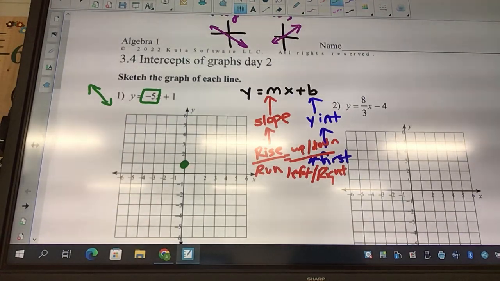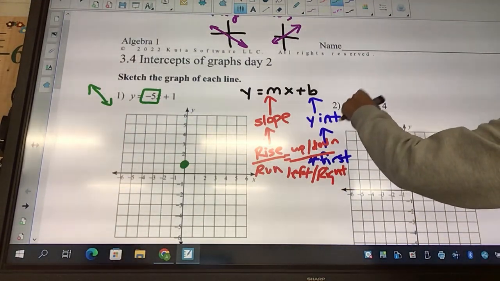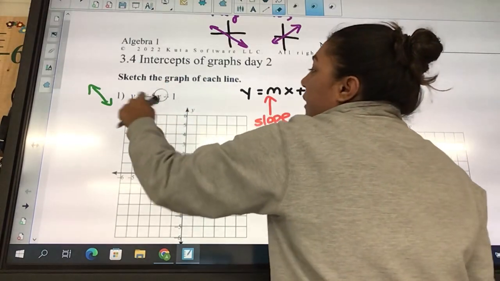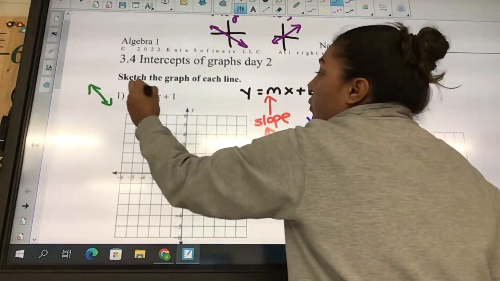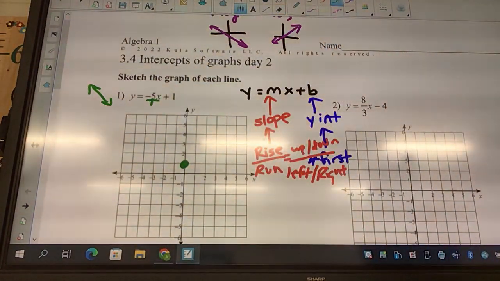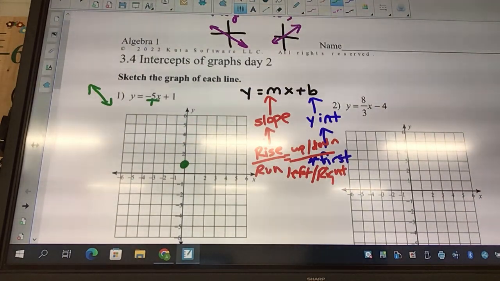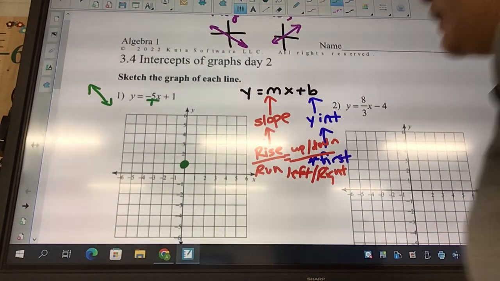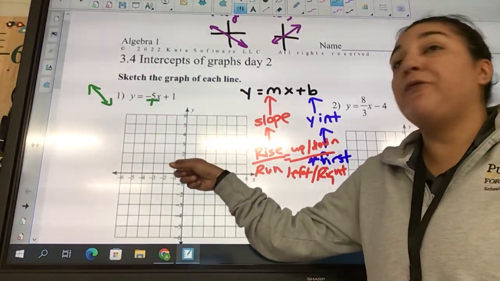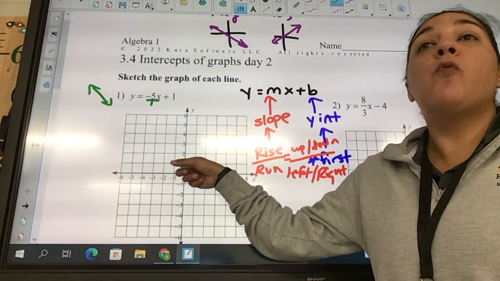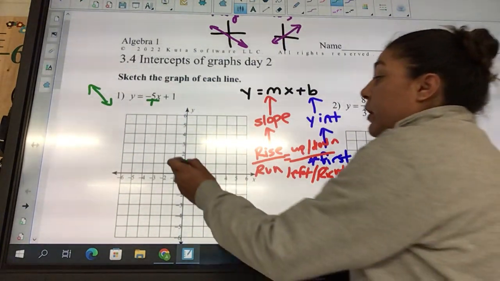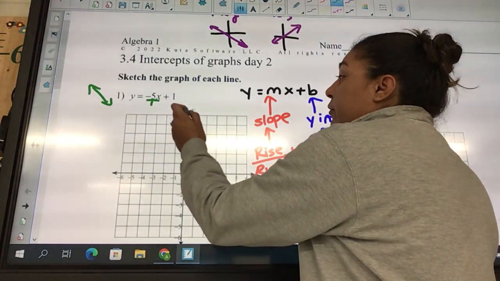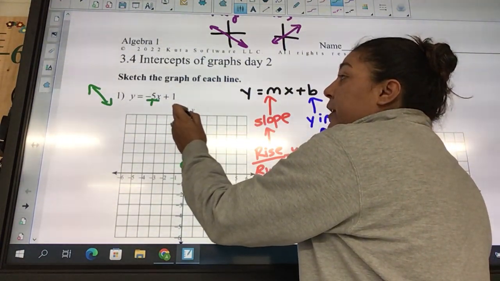And then you see how this one's not a fraction and this one is? If there's nothing underneath of this 5, it's considered a 1. So we're going to rise 5, meaning count up from this dot 5, and we're going to go over 1. So we're going to go 1, 2, 3, 4, 5. Which way do I need to go over 1?